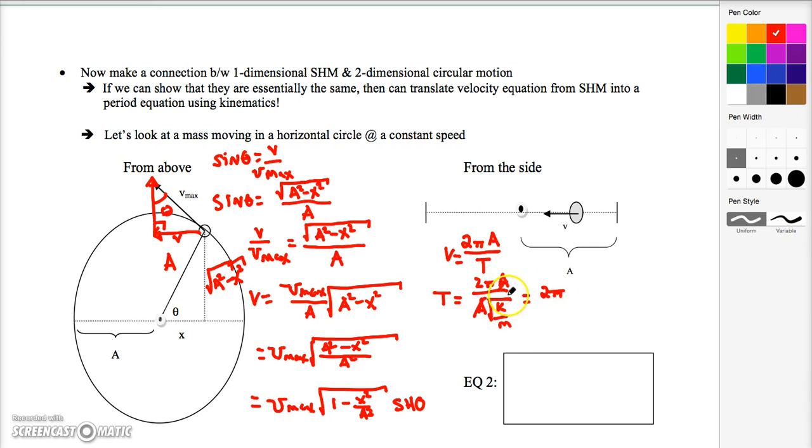This is 1 over radical k over m, and that reduces to radical m over k. And this is the equation for the period of a spring mass system. It's the mass divided by the spring constant, the square root of that, multiplied by 2 pi.